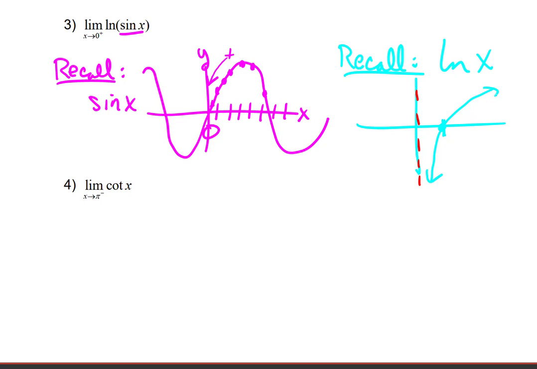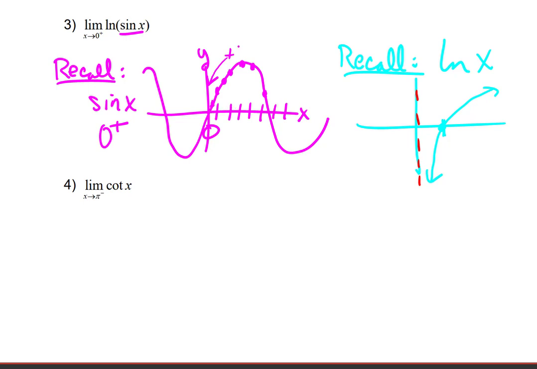And notice we're not doing this on a singular number line. We're kind of just putting them both together in a graphical form. If you take the inner function, sine of x, we discussed already that that function is approaching 0 from a positive direction, which means you could say that the sine values are approaching 0 from the right as x approaches 0 from the right.